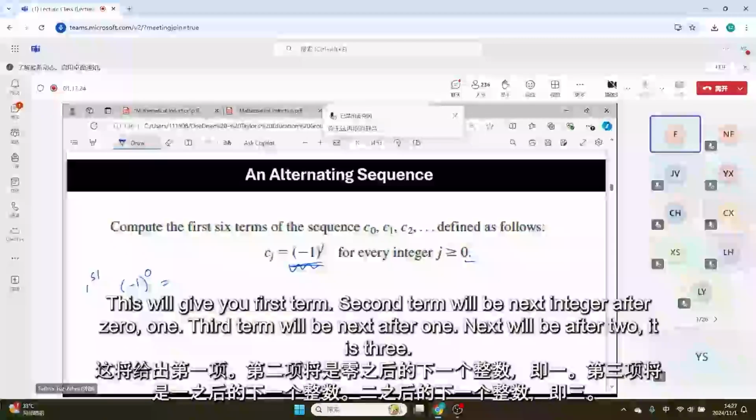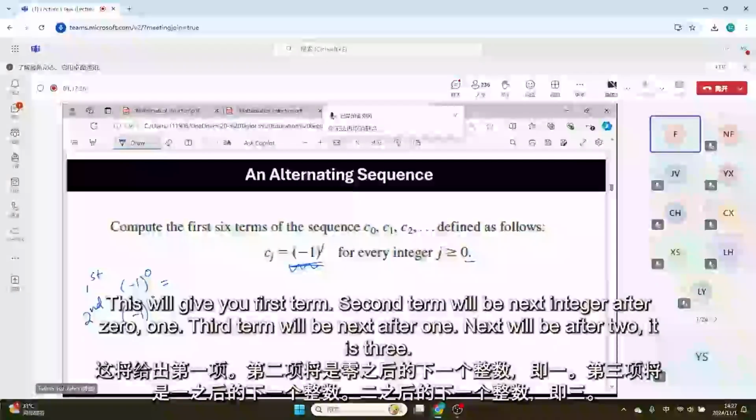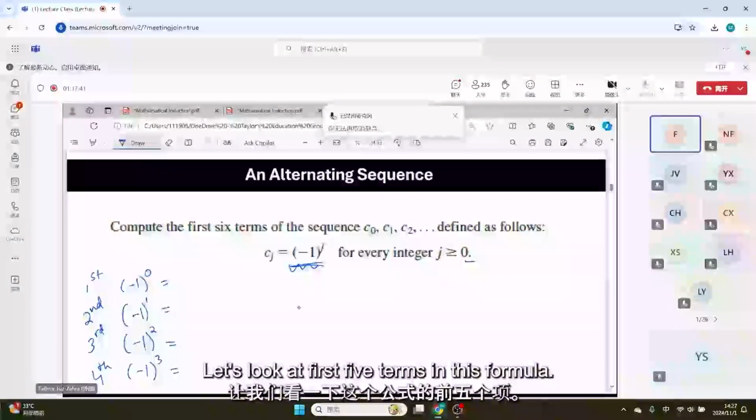Second term will be next integer after 0, which is 1. Third term will be next after 1. Next will be after 2, it's 3. And let's look at first 5 terms in this formula.